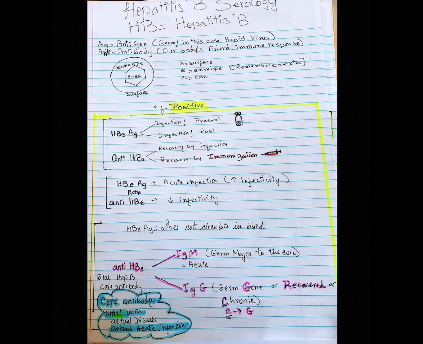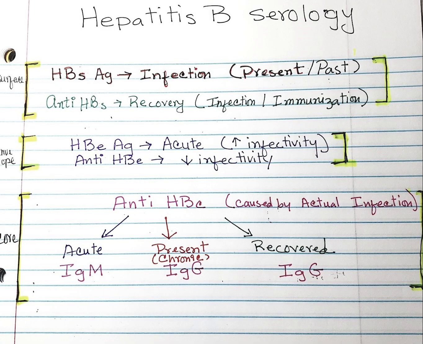Hepatitis surface antigen positive means they have infection. Antibody surface means recovery through infection or immunization. Envelope antigen present means acute infection, extra. Antibody of the envelope means decreased infectivity. Core antigen, we don't have to worry.